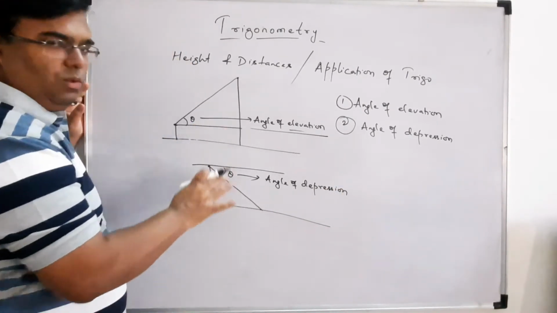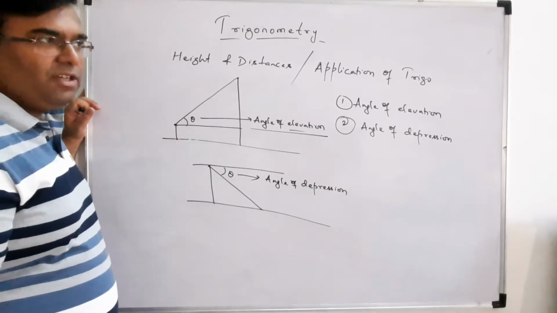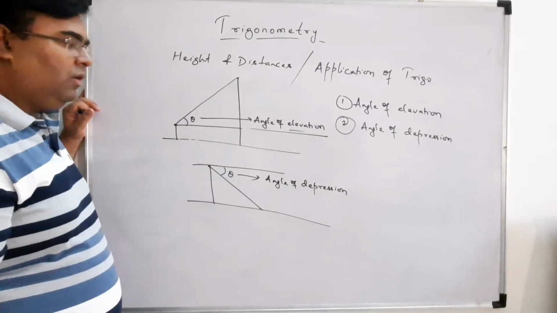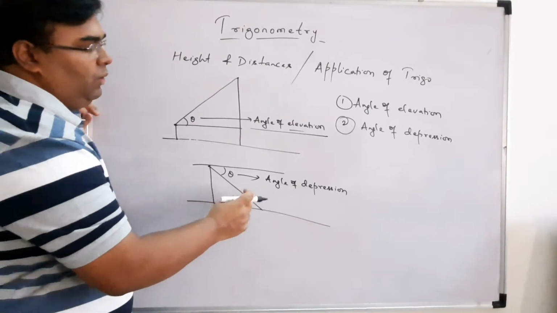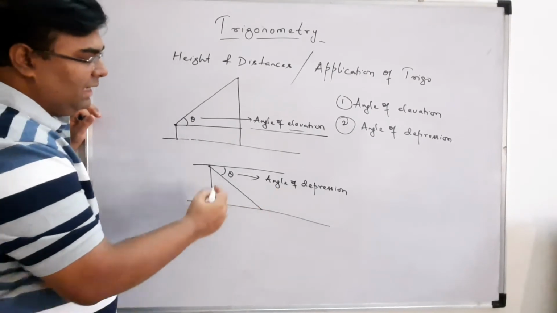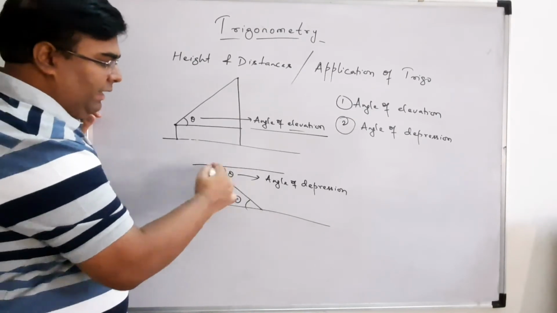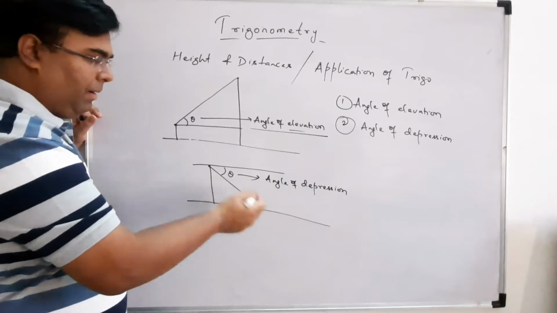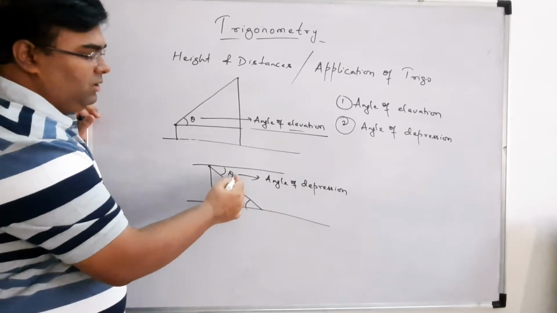Understand these two angles. While looking up you get the angle of elevation, while looking down you get the angle of depression. Remember one thing, when you are using the angle of depression, this angle theta is always equal to this angle also, an alternate angle, because your ground is parallel to your eye level. So these two angles are equal.